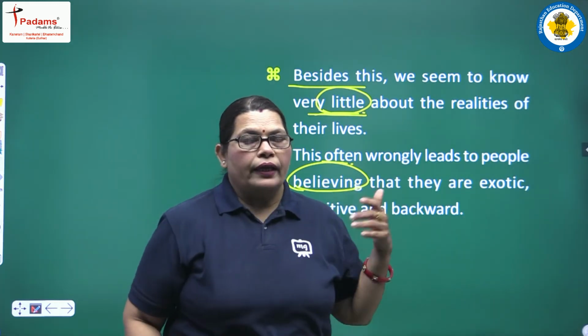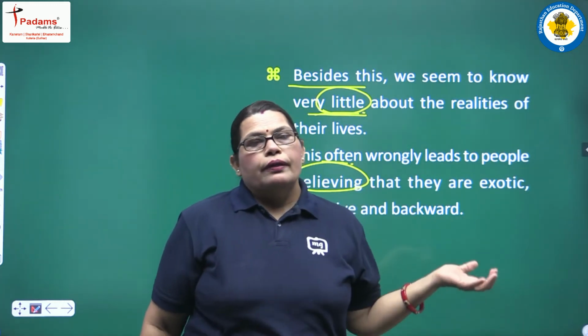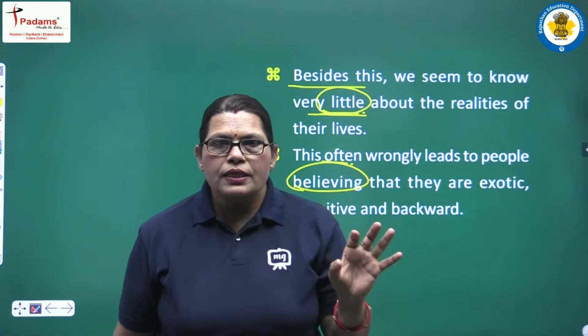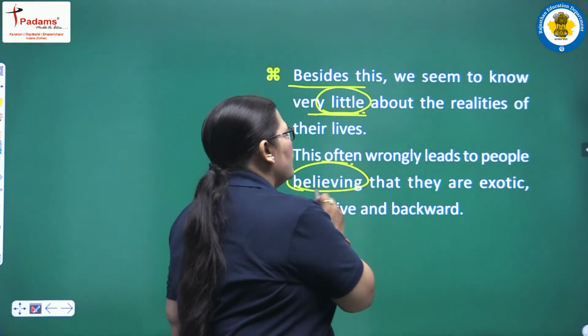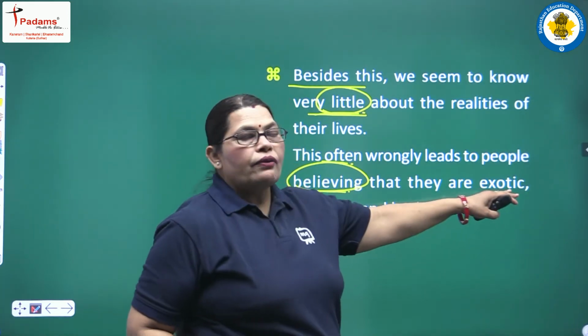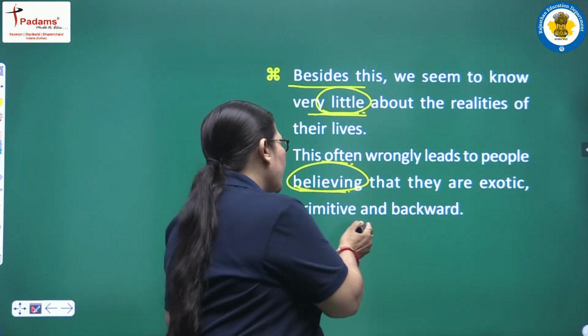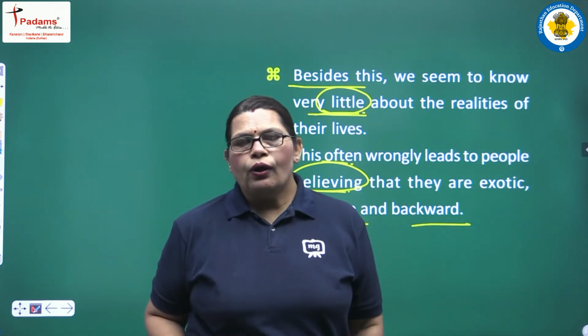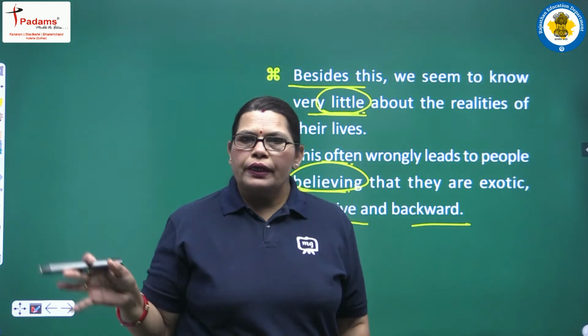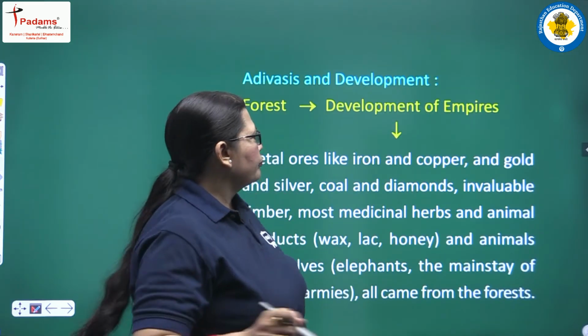That's why we had taken that table, because many people had a pre-formed concept that the Adivasis are very exotic, very primitive and very backward, but actually they are not. We only had the conception in our minds here.